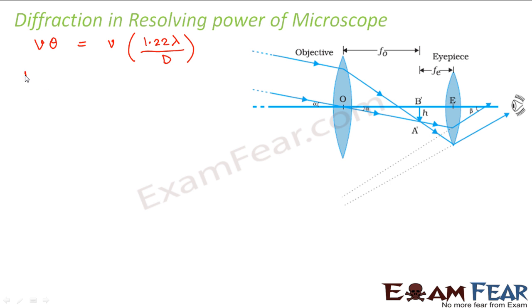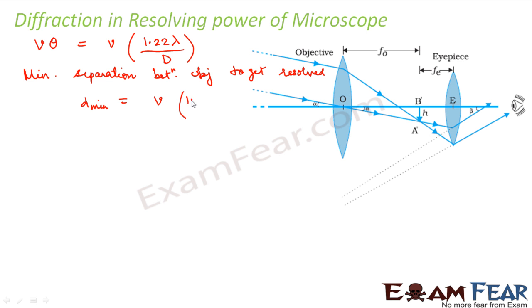So therefore, in case of a microscope, what should be the minimum separation between objects so that it can be resolved? So the minimum separation between objects to get resolved is, let us denote it by D minimum, which is equal to V into 1.22 lambda divided by capital D, divided by magnification. What is magnification? Magnification is nothing but size of image by size of object. So size of image in this case is this, and size of object is nothing but the minimum distance between the 2 objects.